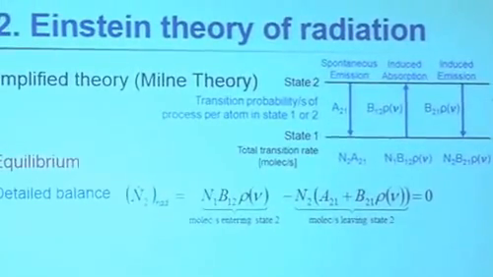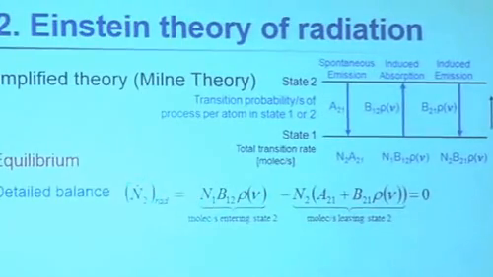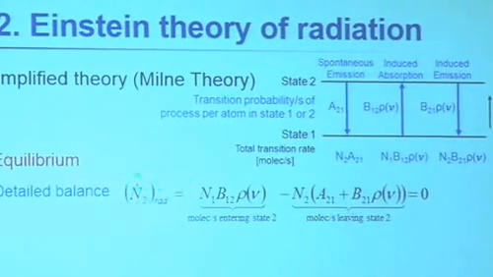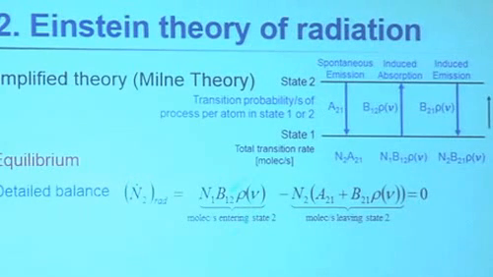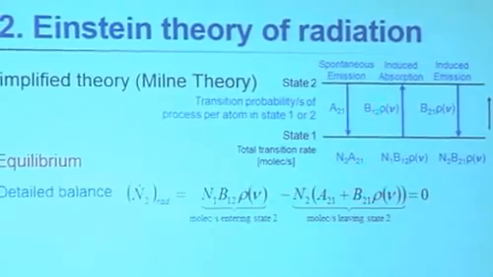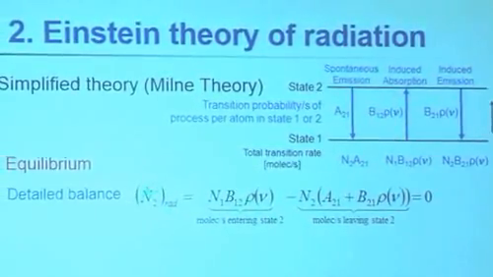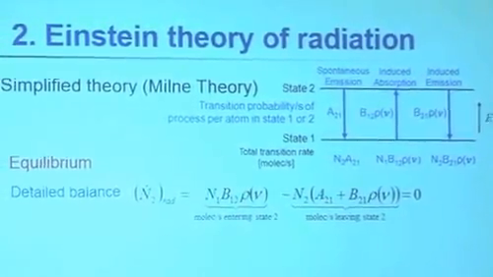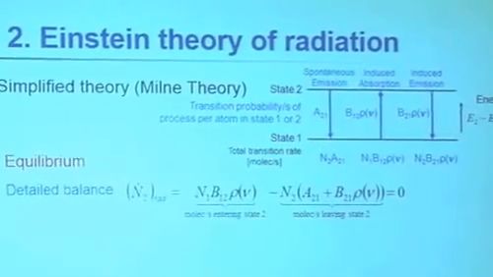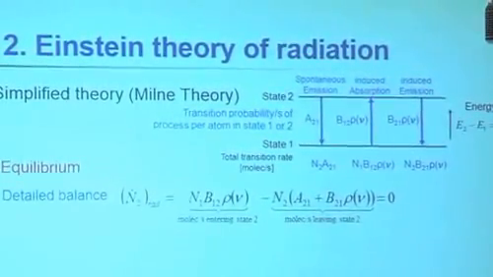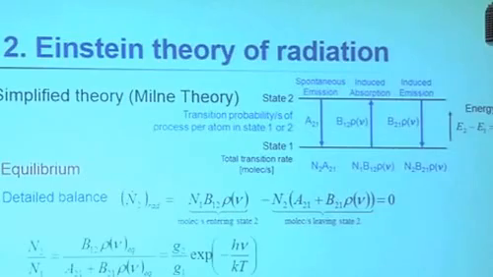It's just a number in 2, and that dot means time derivative. So the rate of change of the population in 2 is a result of the processes that promote the population and the ones that deplete the population. There's only 3 possibilities. This is the time rate of change. What's the time rate of change at equilibrium? 0.